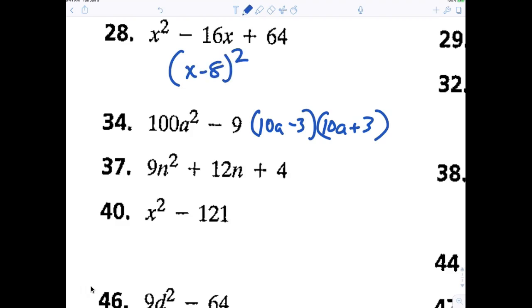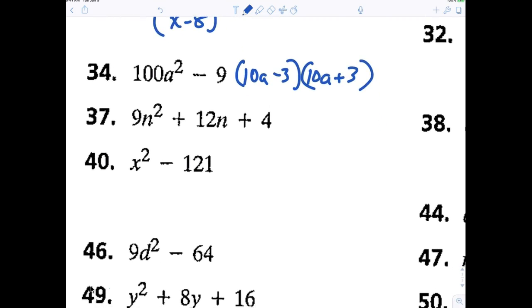I'm fine with that. X minus 8 squared. All right, let's look at 37. 37. Kim. 3n plus 2 and 3n plus 2. Yeah, I'm happy with that.